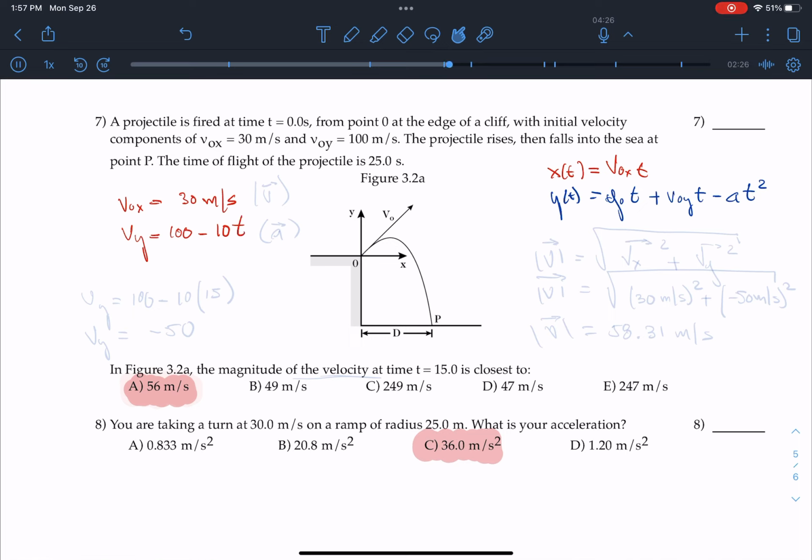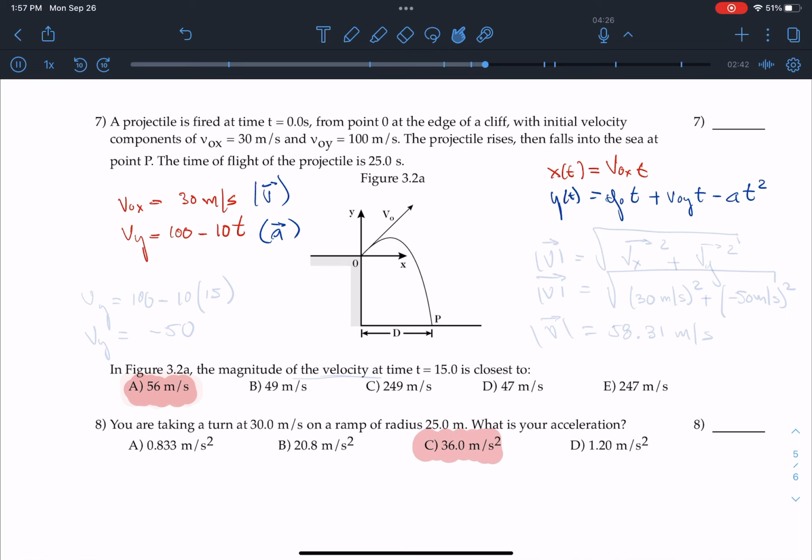So on the x direction, we're going to have a constant velocity, and on the y direction, we're going to have a constant acceleration. Now they're asking us for the velocity at 15 seconds.